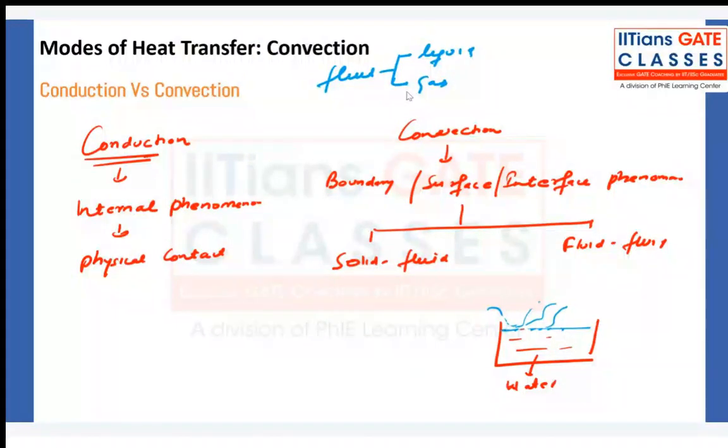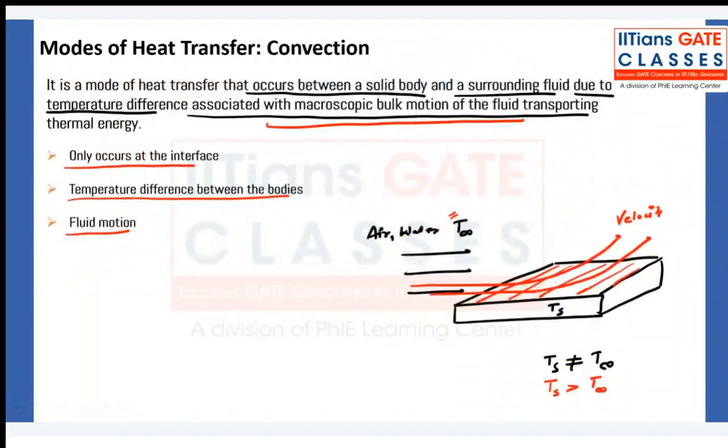Also you must know this: at the surface of the solid body, where the fluid is coming, the fluid velocity will be zero, because of the no slip condition that I think you have read in fluid mechanics.